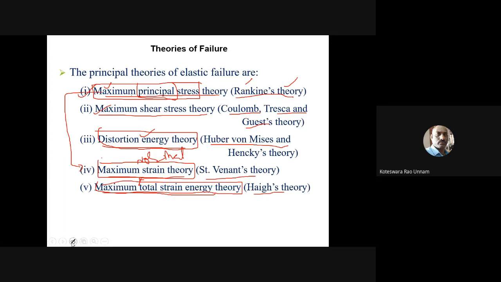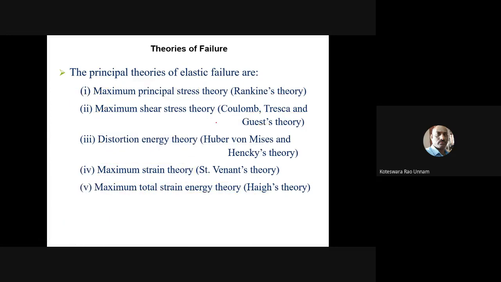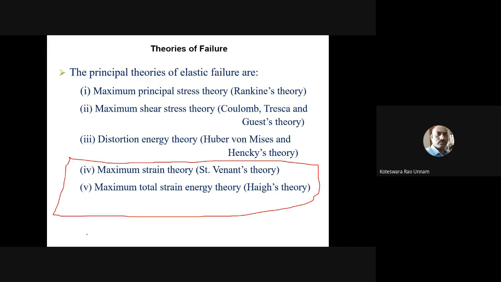However, even though you have five theories, out of these five, these two are not going to predict properly. They define failure based on the maximum normal strain criterion and the total strain energy criterion. If you implement these failure theories practically, they do not predict the failure properly. So these theories, even though they exist, are only for academic purposes.